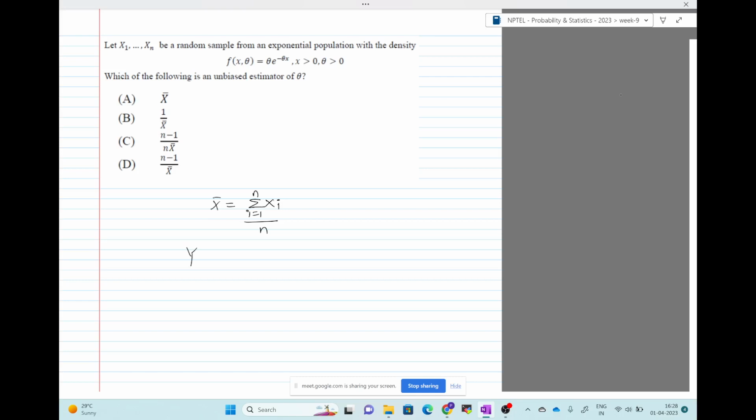So y is n x bar, that is the sum of n exponential random variables. Then that has a gamma distribution, right? Parameter n comma theta.